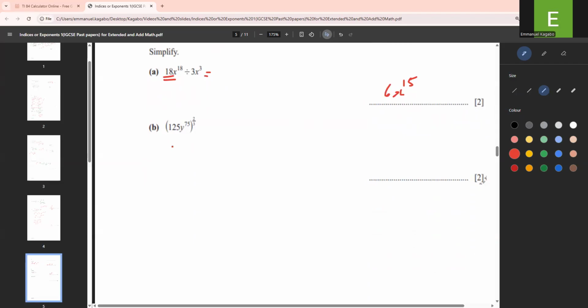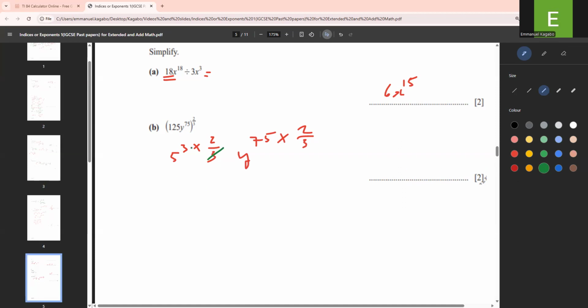Now, what about this one? Try the question by yourself, okay? This is 5 power 3 times 2 over 3, and then y power 75 times 2 over 3. Check the rules again, guys, okay?